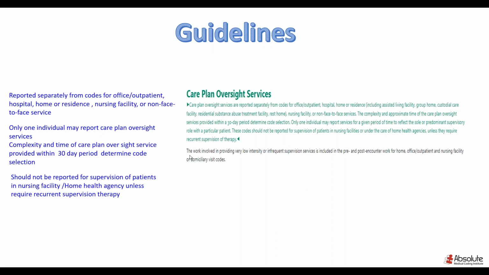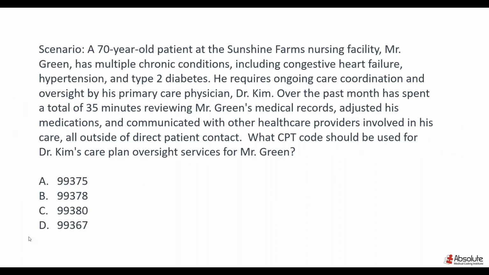Only one individual may report the care plan oversight services. The complexity and time of the care plan oversight services provided within a 30-day period determine the code selection. They should not be reported for supervision of patients in nursing care facility or home health agencies unless they require recurrent supervision therapy.